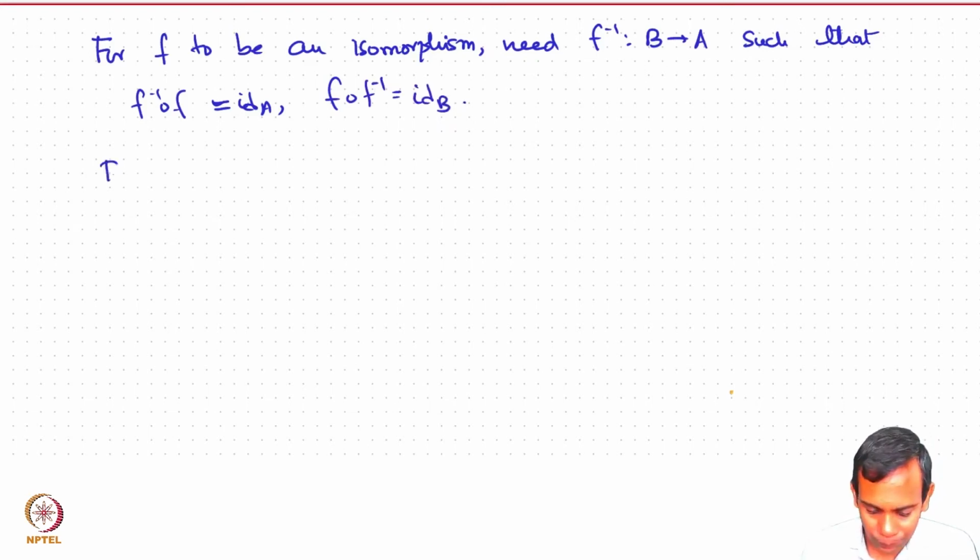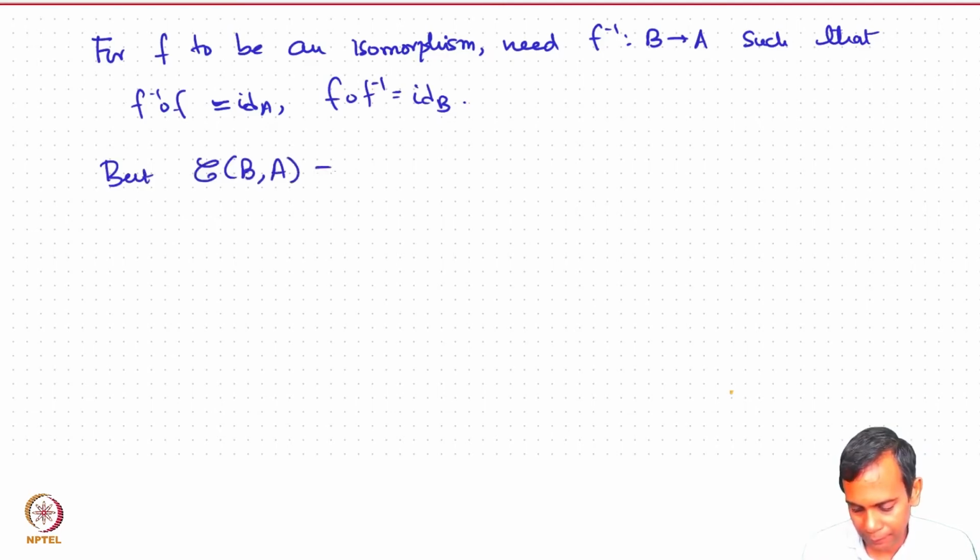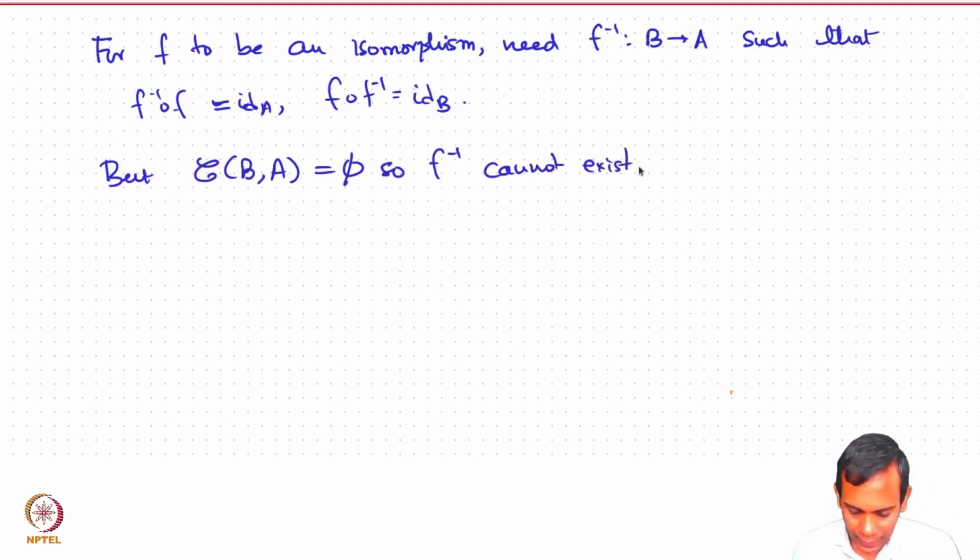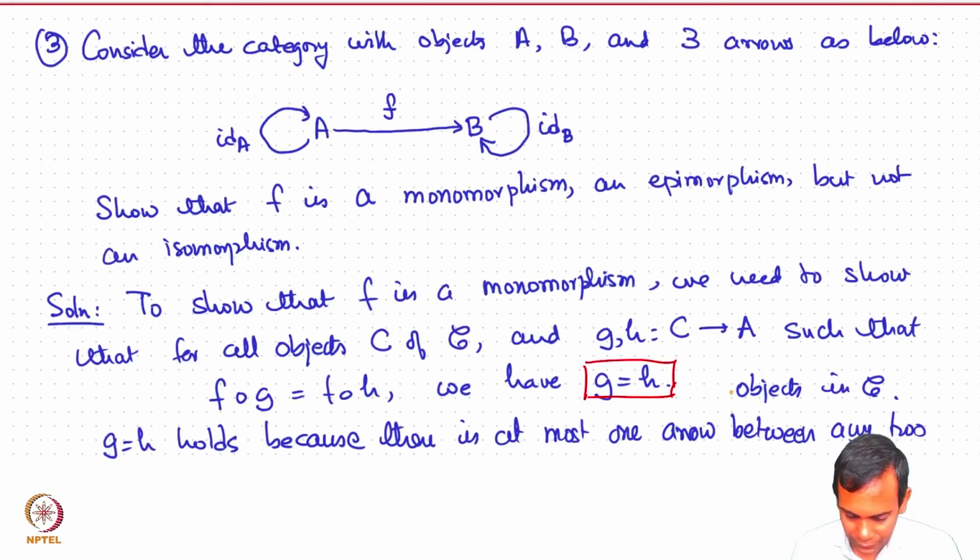There is no arrow from B to A. So F inverse cannot exist. And so that means that F is not an isomorphism.